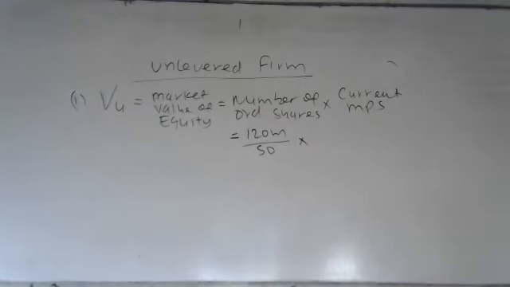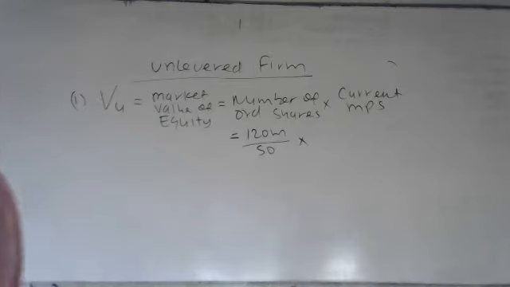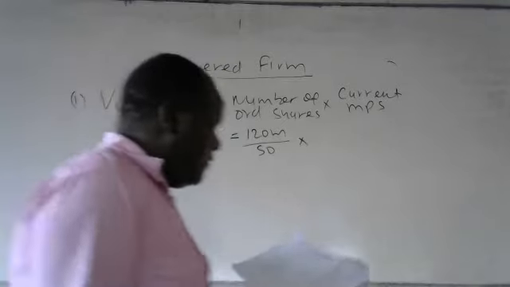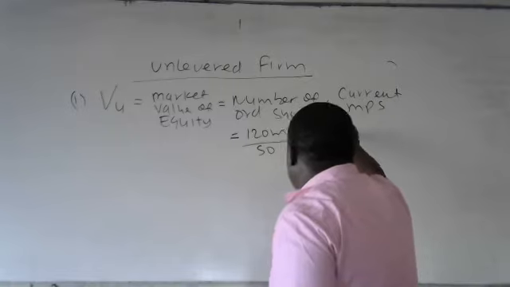Then we multiply by the current market price per share in note number 2. When you check note number 2, the question gave you the current market price at which the firm's ordinary shares are trading, which is 200.